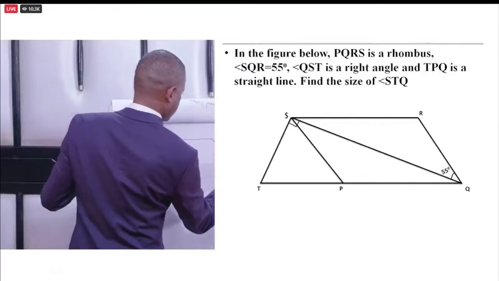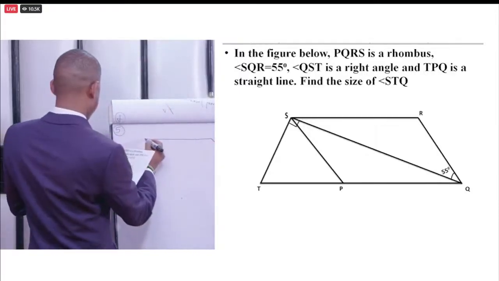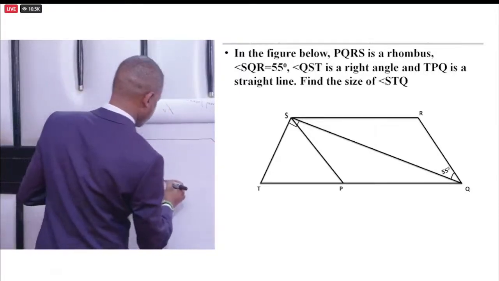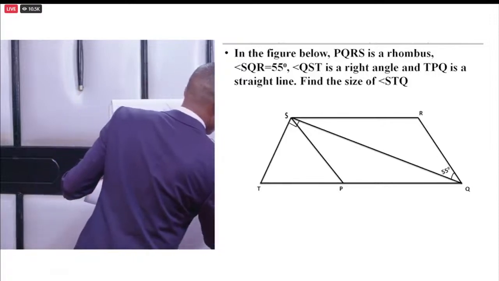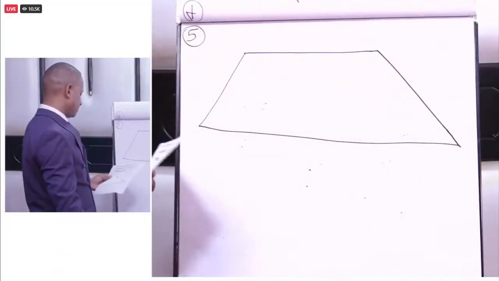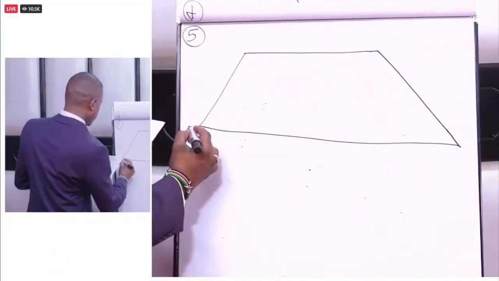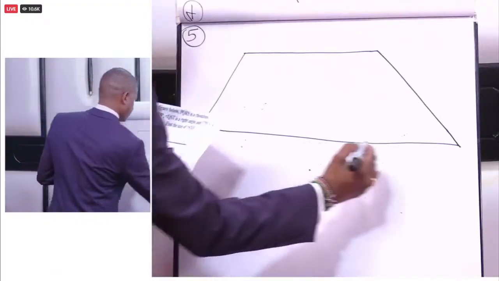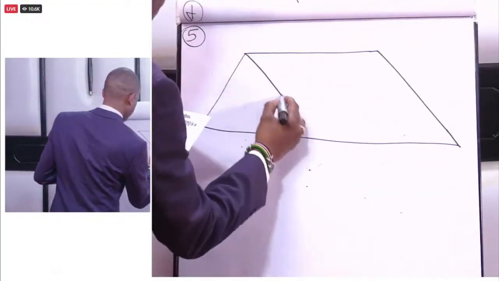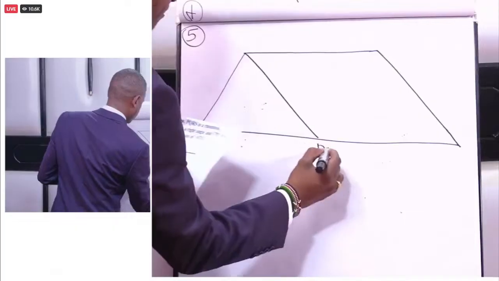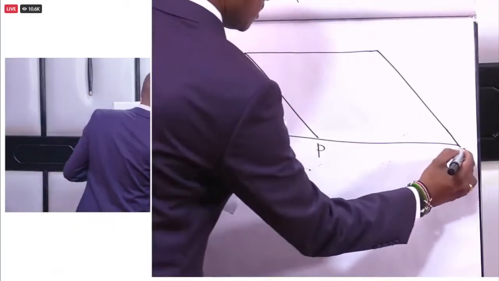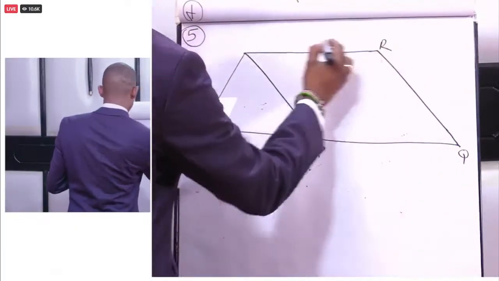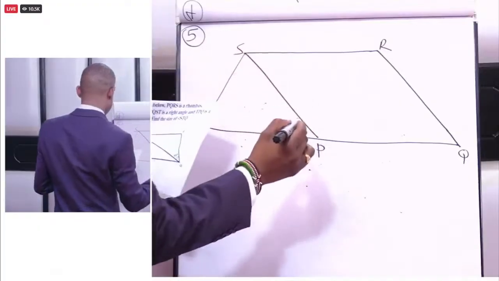Don't mind my drawing. If it is not so beautiful, we will improve. So we have T, P, Q, R, S.